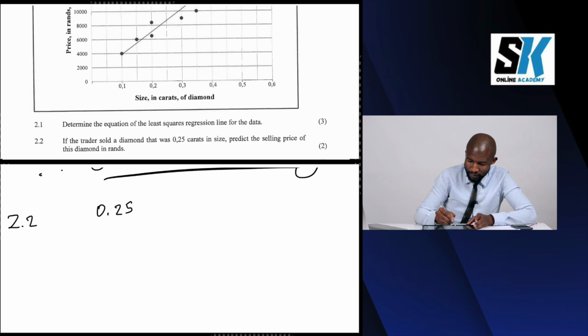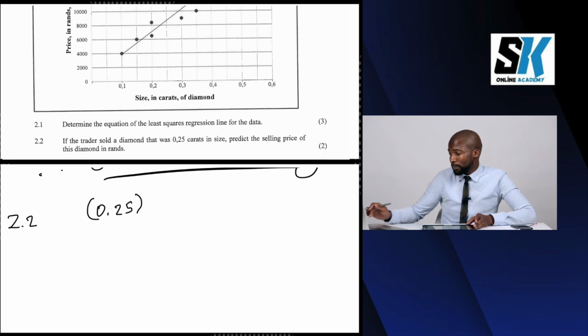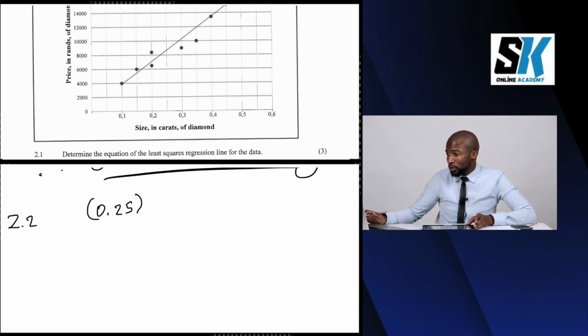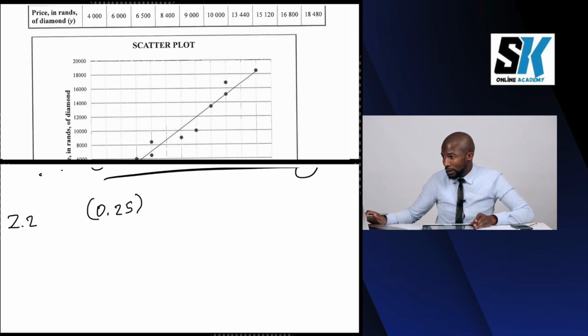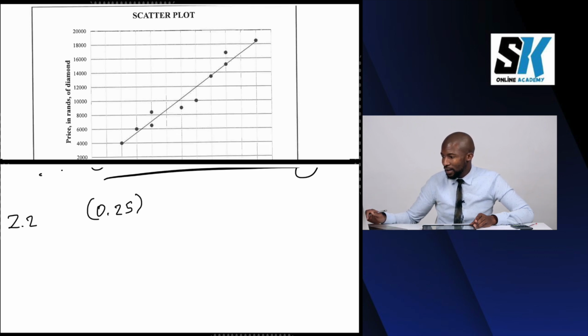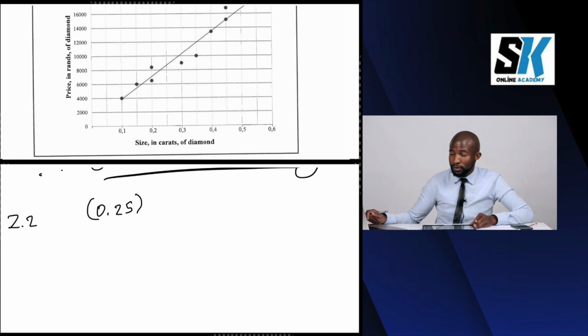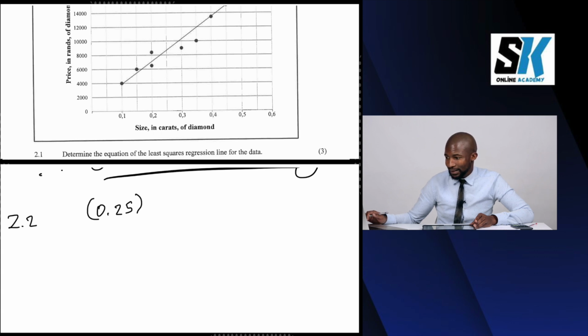If you go back to your table or your graph, it says there that the size of the diamond, which is in carats, is your X value, and then the price would be your Y value. So they're looking for the Y value, which is the price. They gave you that 0.25 as your carat size. They're looking for the selling price.